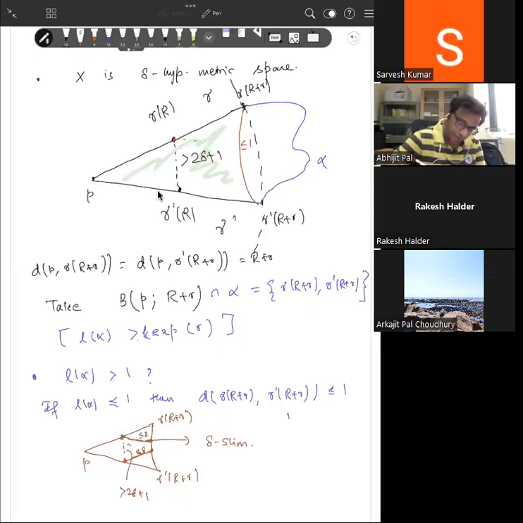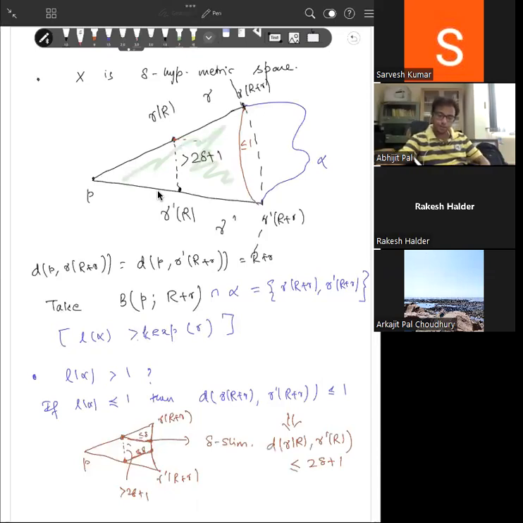So this will imply that the distance between gamma r and gamma prime r is at most 2 delta plus 1.